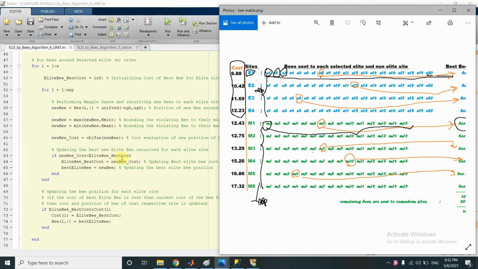And along with updating the elite bee best cost variable, we also update the best elite bee. This best elite bee variable is designed to store the position of the best new bee that was going around the elite site.